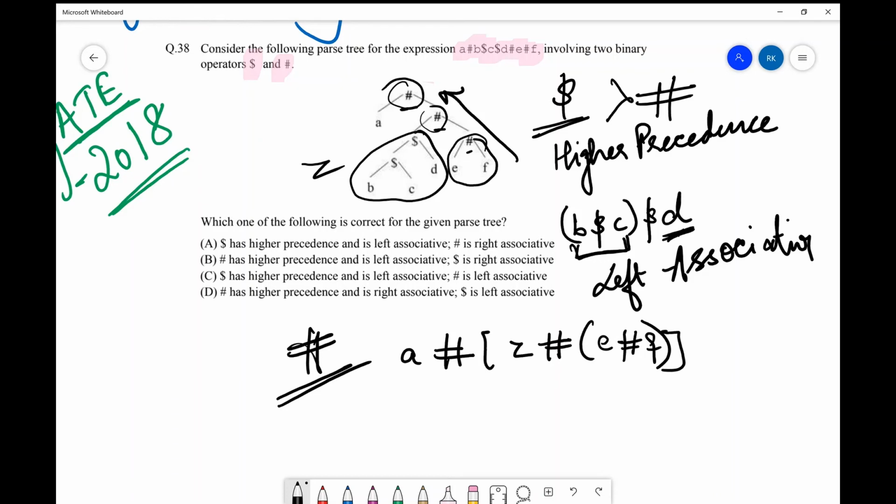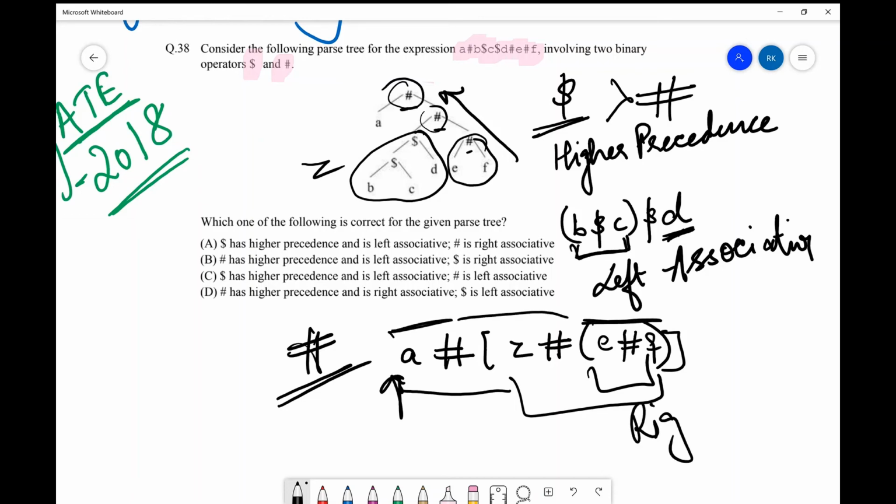So clearly you can see first this right hand side will be solved, then this will be solved, and then the outer one, right? So it is right associative, because you are solving the right hand side first and then moving to the left. So this is right associative.